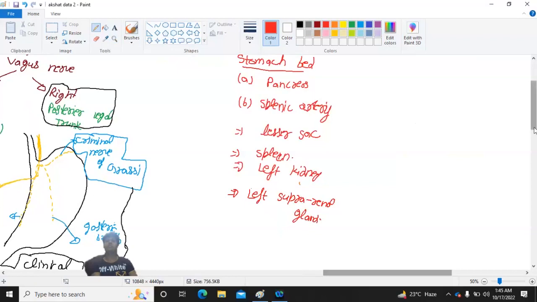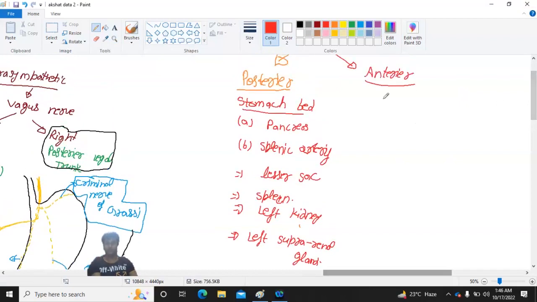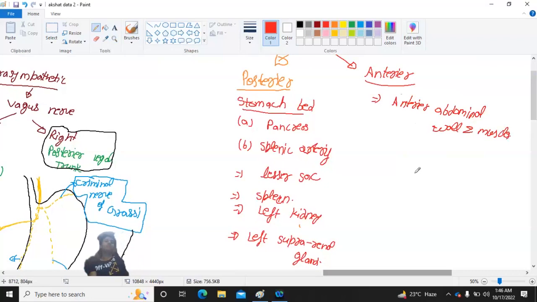Then anteriorly is completely the anterior abdominal wall, its layers and muscles, basically rectus abdominis, transverse abdominis, internal oblique, external oblique, and skin, superficial fascia, deep fascia.